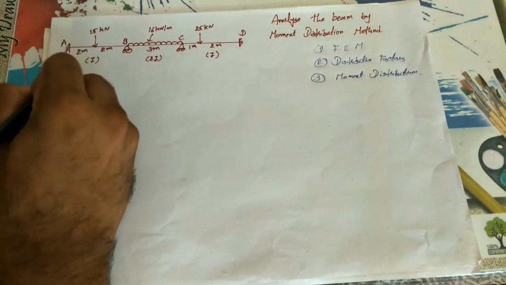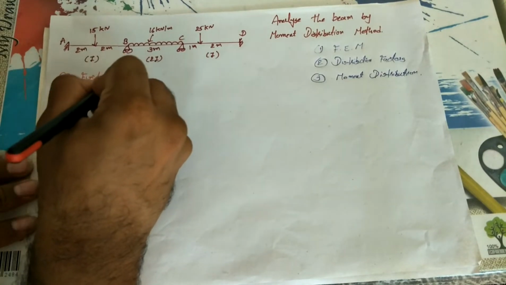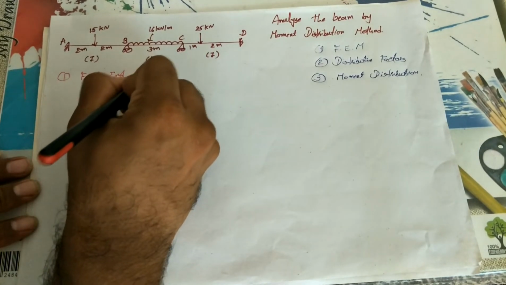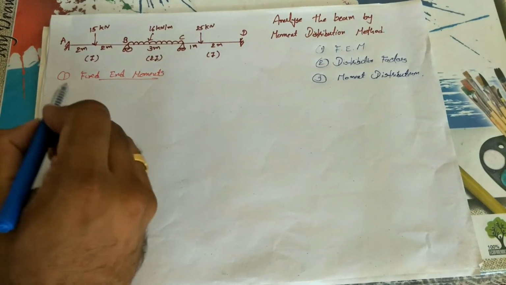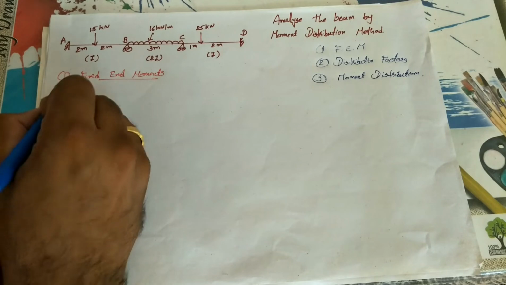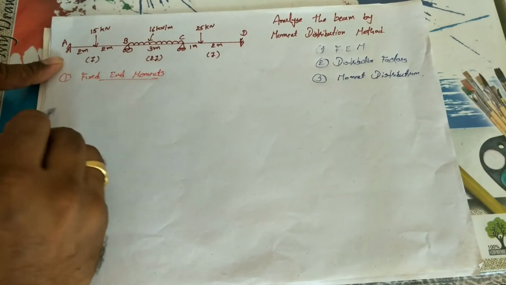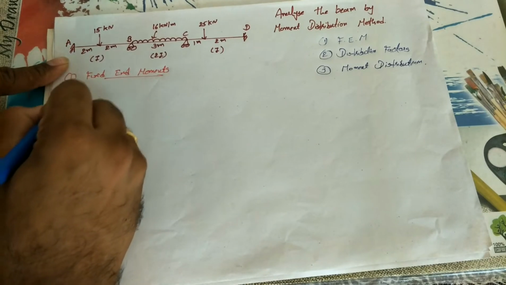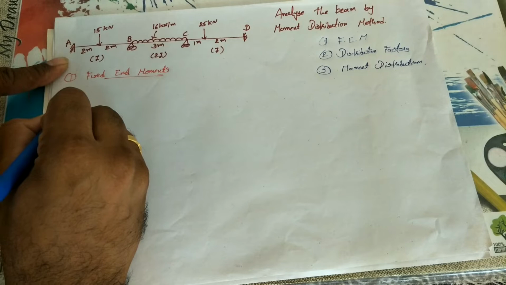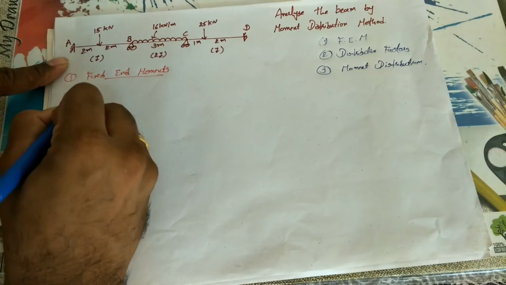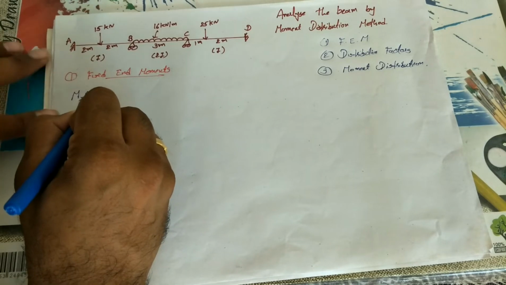First step is fixed end moments. First we have span AB. The end moments MF AB equal the point load at center.